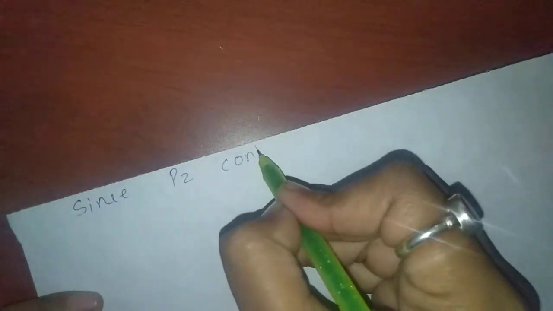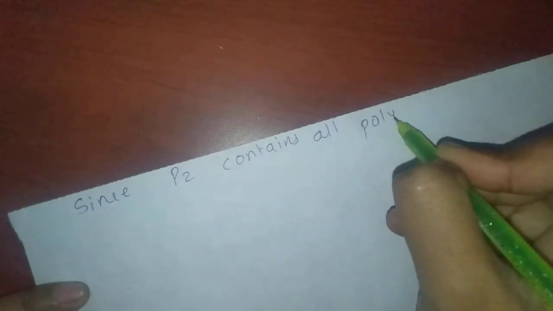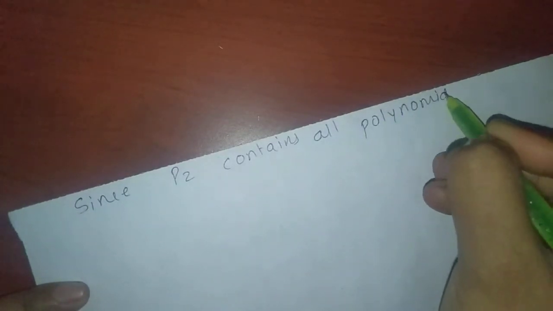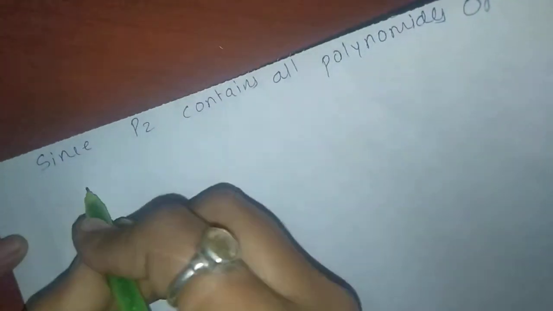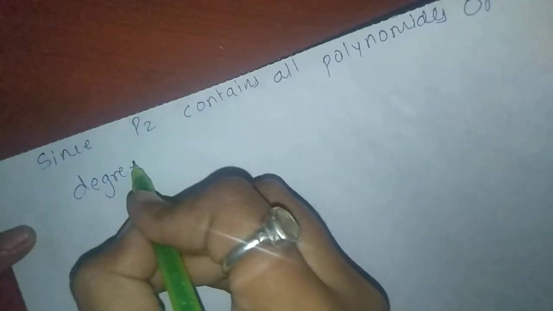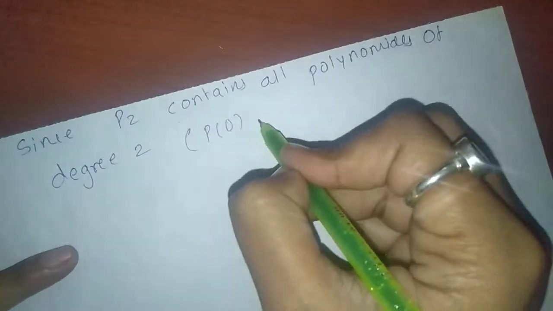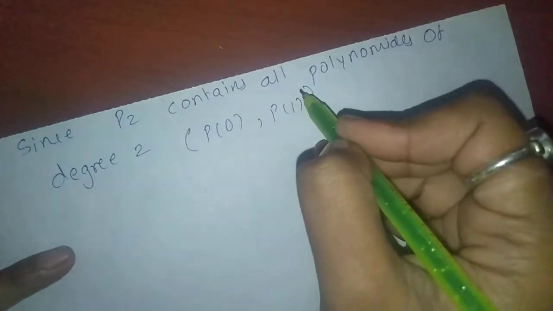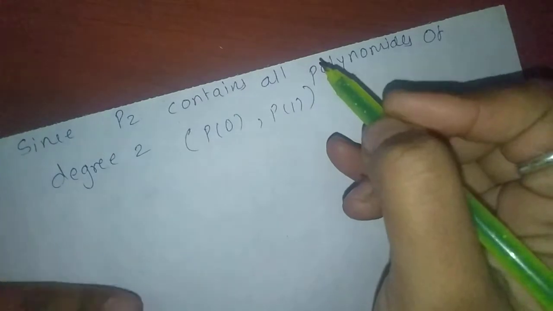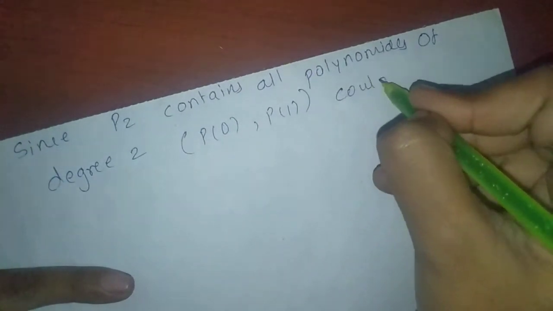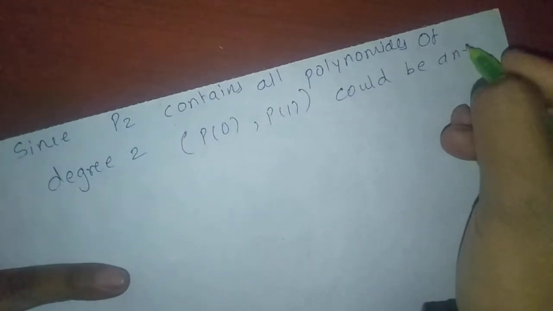Since P2 contains all polynomials of degree at most 2, (P of 0, P of 1) could be any ordered pair in R2.